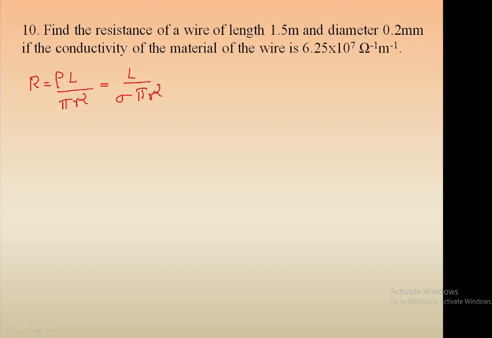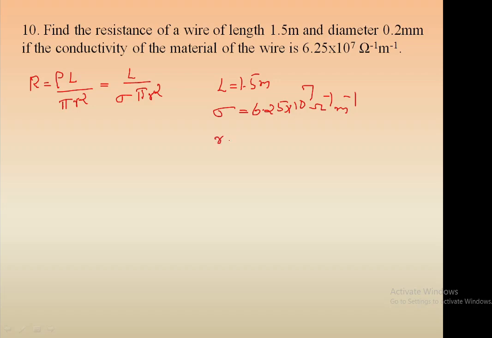Now let us see what values are given. Here we have L is equal to 1.5 meter, and the conductivity sigma is equal to 6.25 × 10^7 per ohm per meter, and we are given the diameter.